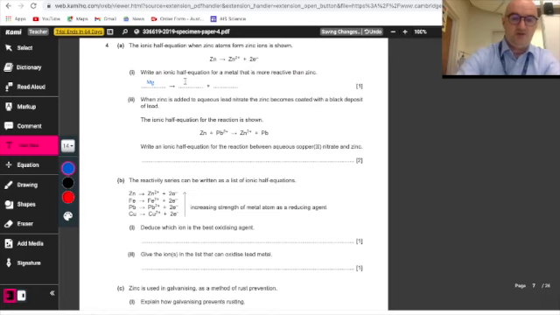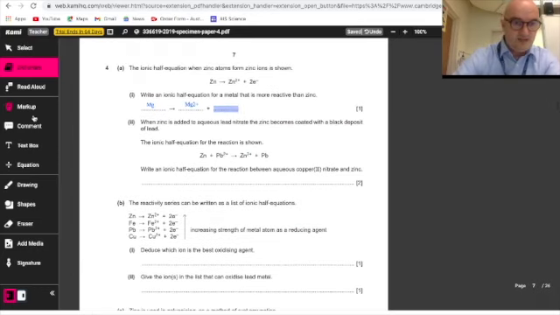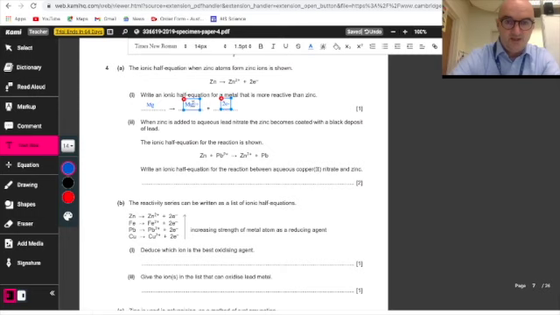So Mg going to Mg2+, you could use sodium, potassium, lithium. There we go, 2 minus, and just need to make that a superscript.